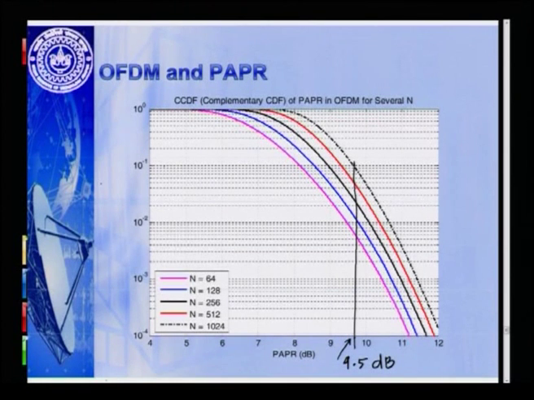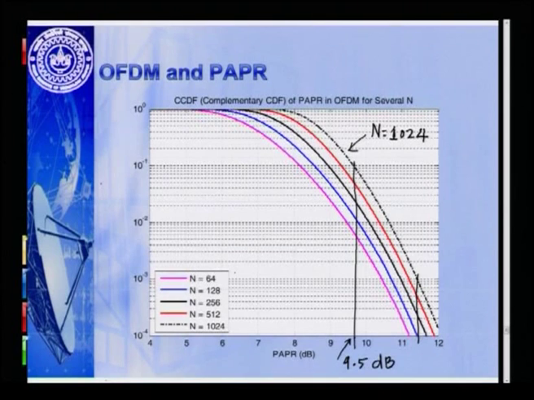What we see is that the probability that the PAPR is greater than 9.5 dB with N equals 1024 subcarriers is 10 to the power of minus 1, that is 0.1 or 10% probability. Similarly, the probability that the PAPR is greater than 11.5 dB is 10 to the power of minus 3 or 0.1%, so on and so forth.